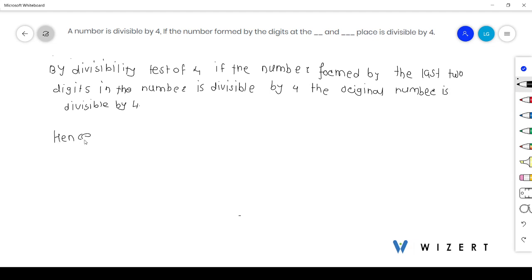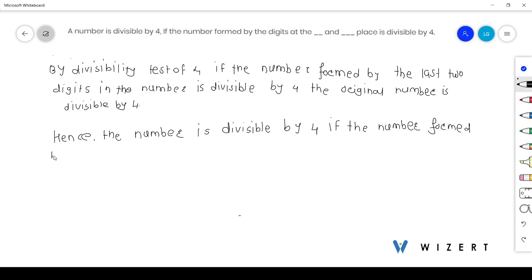Hence, the number is divisible by 4 if the number formed by the digits at the units and tens place is divisible by 4.